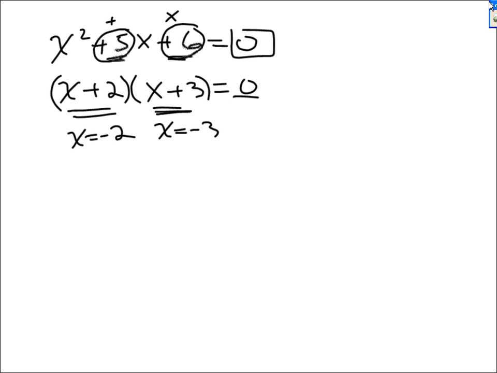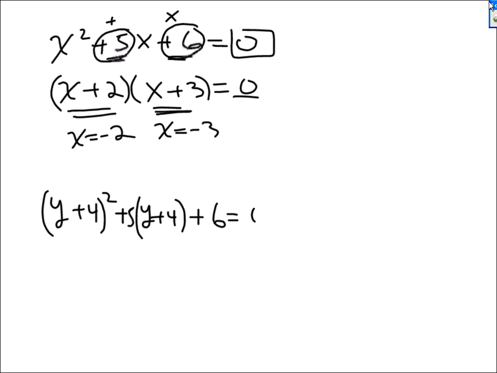Now, what if the problem was a little bit more complicated? What if it were y plus 4 squared plus 5 times y plus 4 plus 6 equals 0. Now, notice that those are the same.